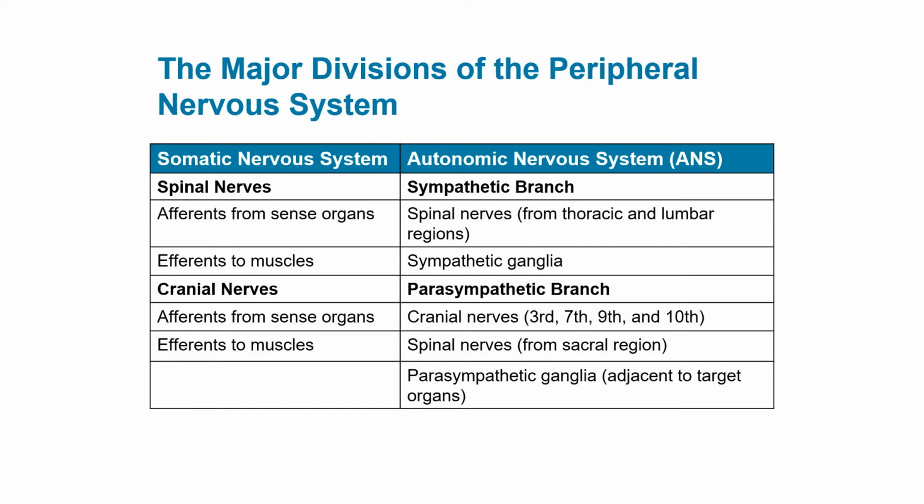So let's look at the major divisions of the peripheral nervous system. For the somatic, over here, you've got the spinal nerves, the afferents from the sense organs, so the incoming information from the sense organs, the efferents to the muscles, so the outgoing information to the muscles, the cranial nerves, the afferents from the sense organs in the skull, and the efferents to the muscles in the skull, with the exception of the eyes, which are part of the brain.